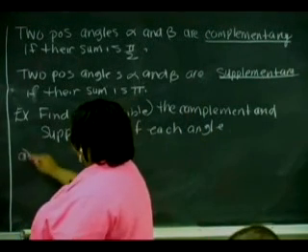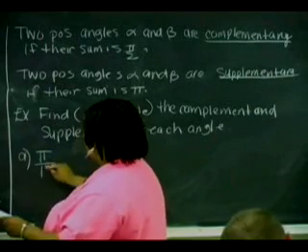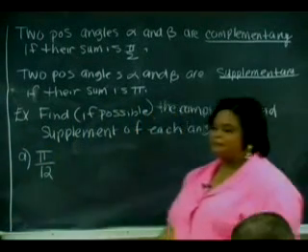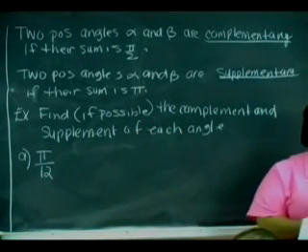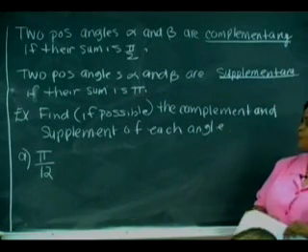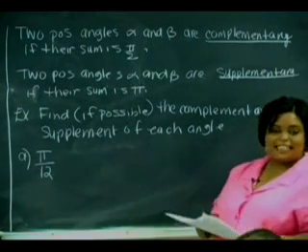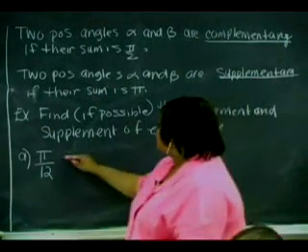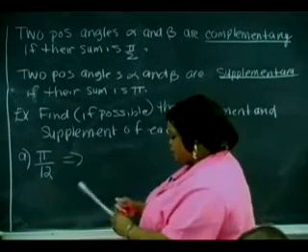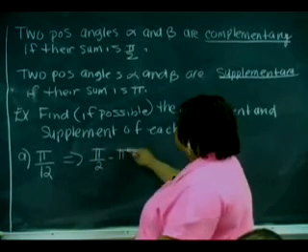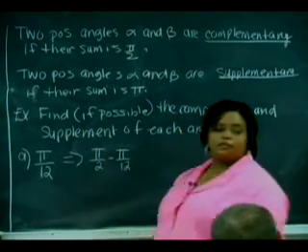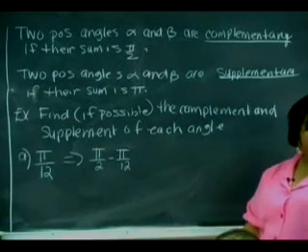The first one we're going to look at is pi over 12. If the sum of the angles has to be pi over 2, then we can find this complement by doing what? Pi over 2 minus this pi over 12. Okay?